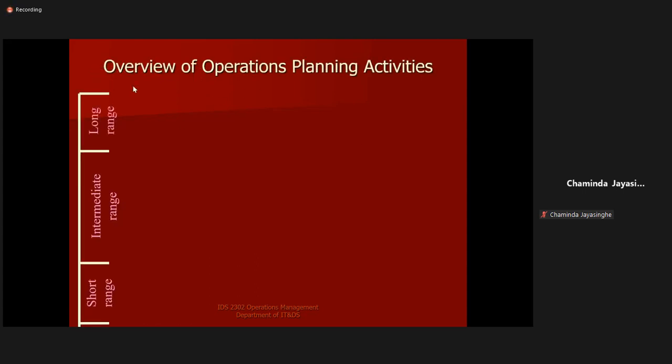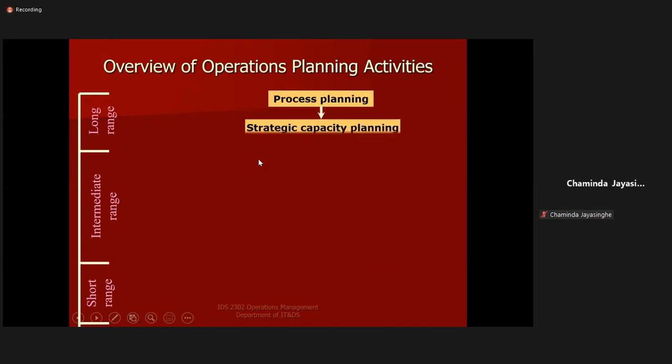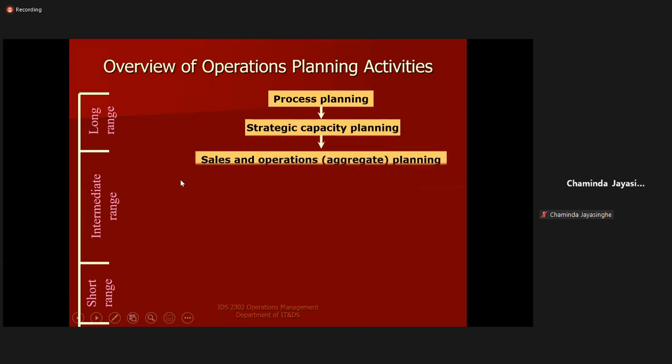So, the overview of operations planning activities: you have long range, intermediate range, and short range. Process planning is long range. Strategic capacity planning is long range. And sales and operations, that is aggregate planning, is the interface between intermediate and long range.